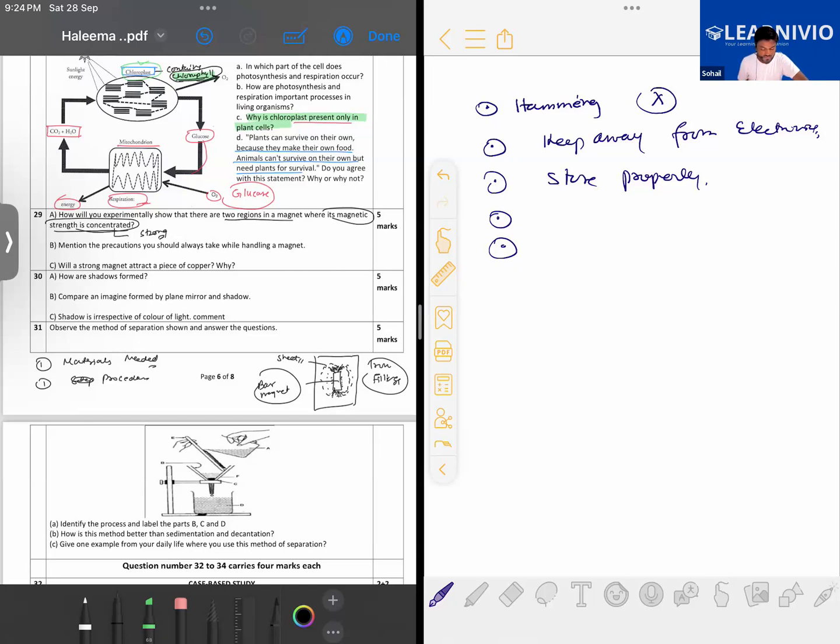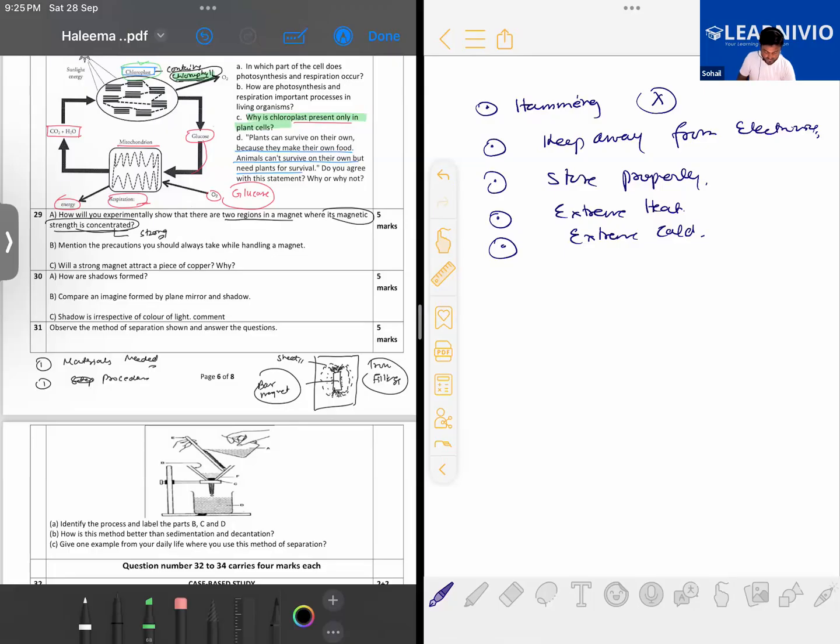No. So you should avoid extreme heat. And one more thing: extreme cold can also damage it. It can weaken the magnet.